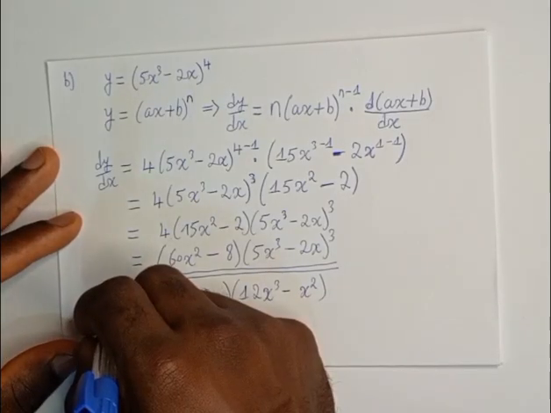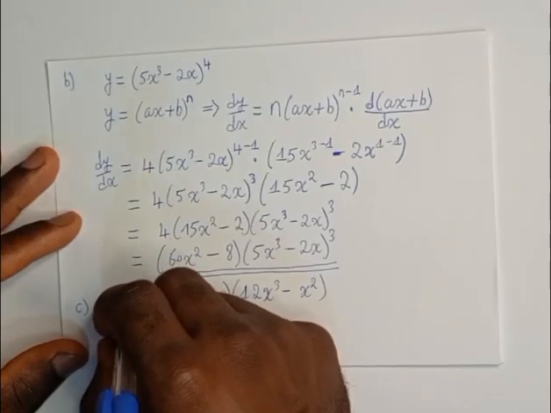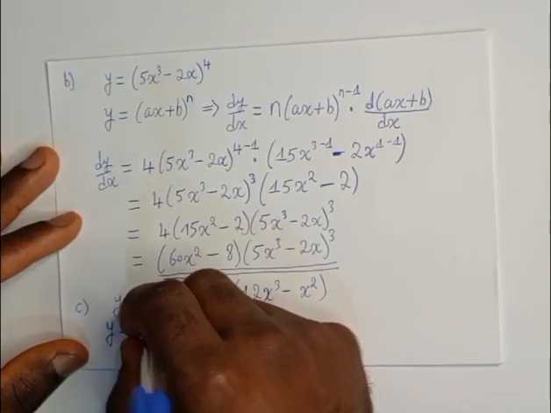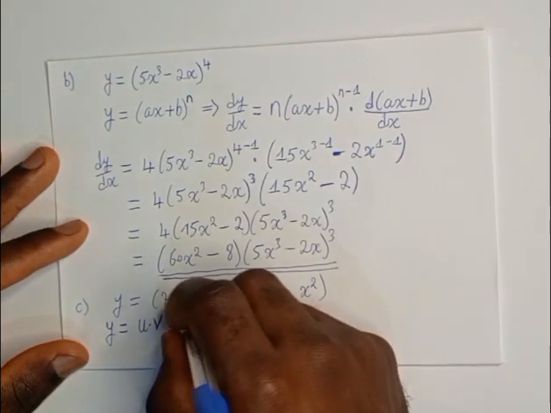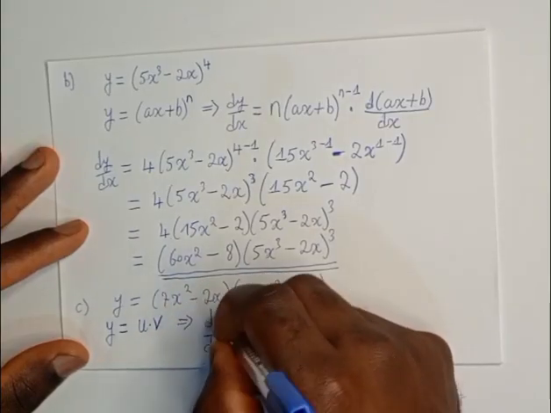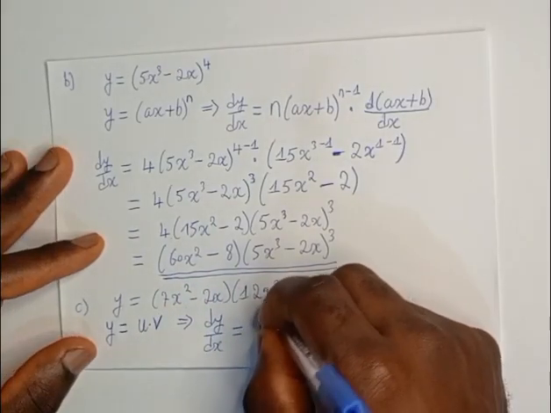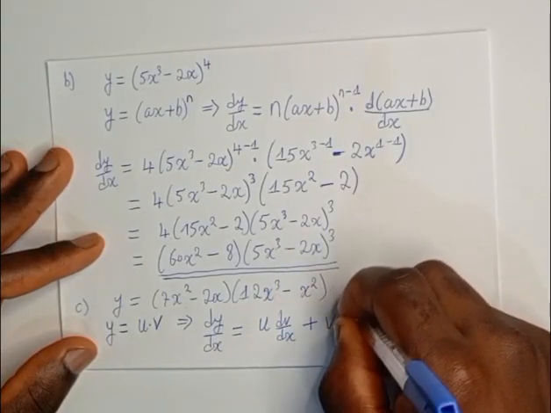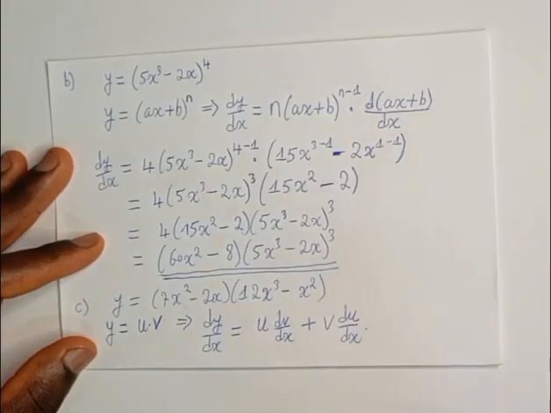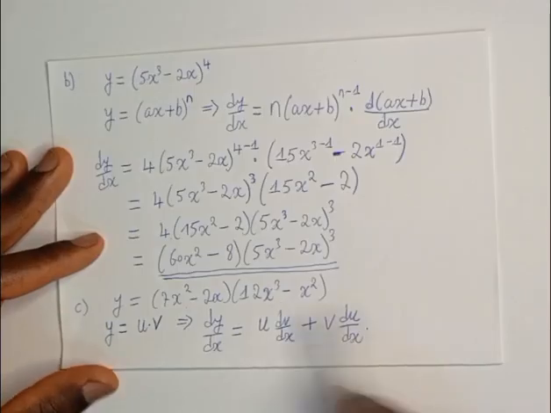If you have y, which is a product of two functions, u times v, where u and v are functions of x, for us to differentiate y with respect to x, our dy over dx will simply be equal to u dv over dx plus v du over dx. We are going to make use of this formula to differentiate this function.